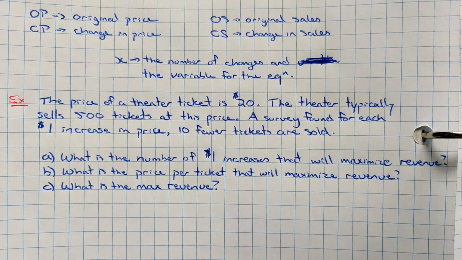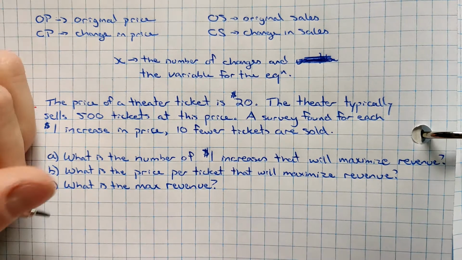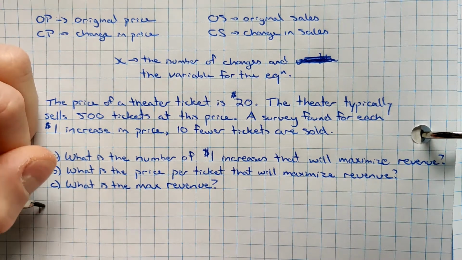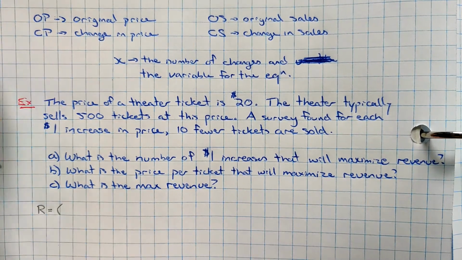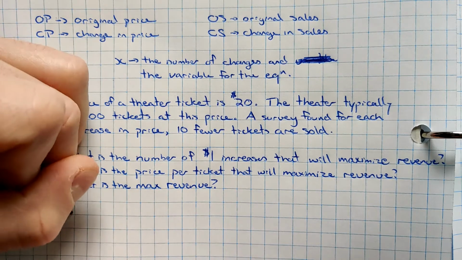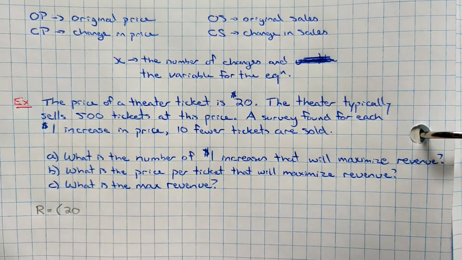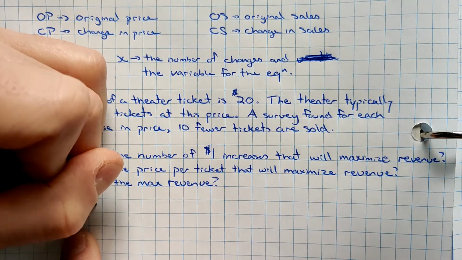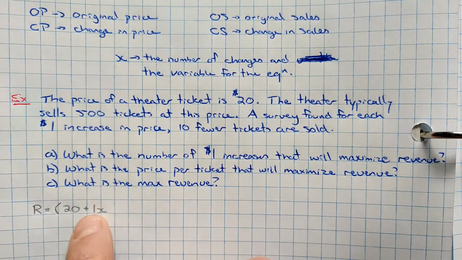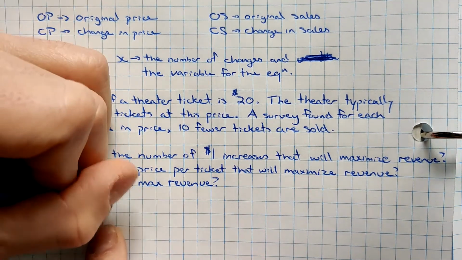Well, let's create an equation and then we'll know a little bit about modeling this situation. So the revenue is equal to the original price of $20, and in this case, we're increasing the price by $1, plus 1 times X. X is the number of $1 increases.